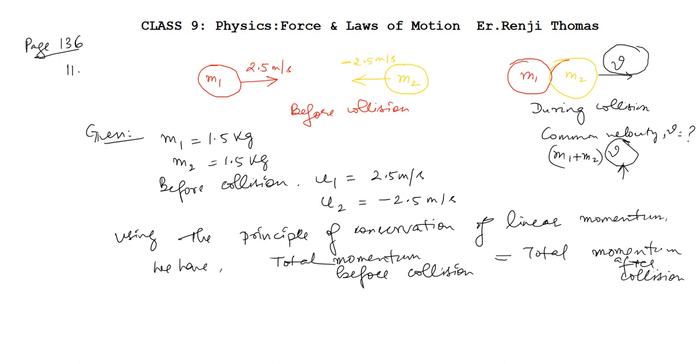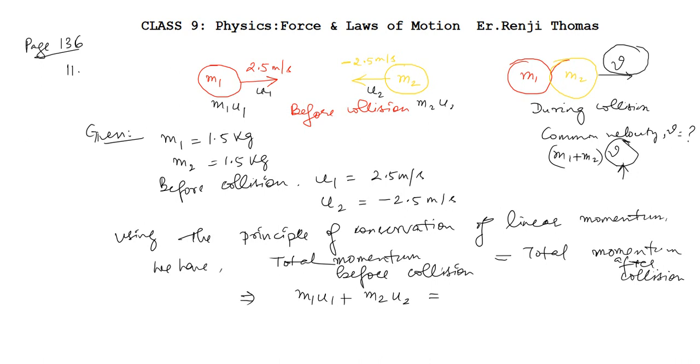So this is the condition we know. In the previous MCQ we already know that momentum is nothing but mass into velocity. So what is the momentum of the first object? It will be m1 u1. What will be the momentum of the second object? It will be m2 u2. So we'll just simply add it: m1 u1 plus m2 u2 is equal to the total momentum after collision.